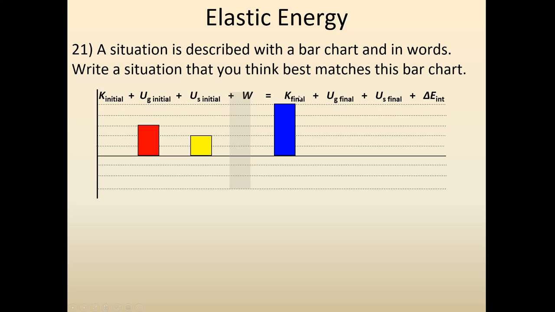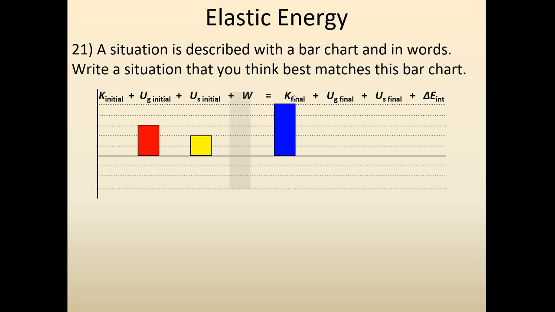At the end, I have no more potential energies. I don't have gravitational or spring potential, meaning that I must be landing near the ground and no longer next to a spring. And not only that, I have all my energy in the form of kinetic. So it should still be moving at the end.